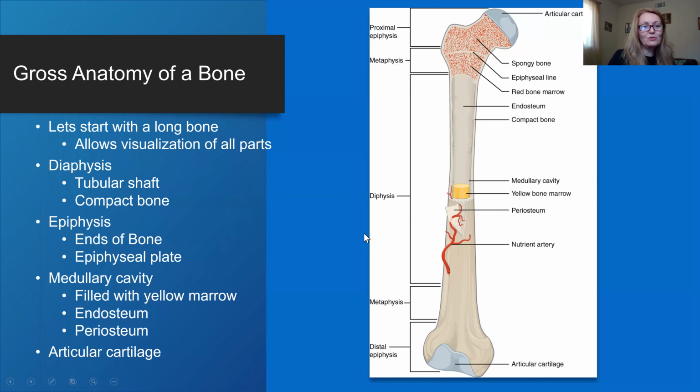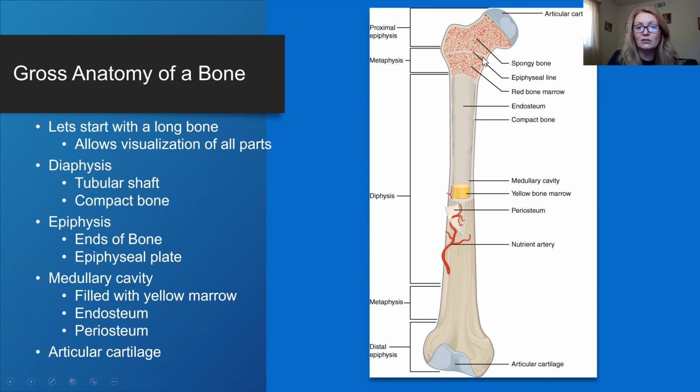Okay, so let's start with the long bone, which allows us to see all the different parts. The long bone can be divided into 3 regions: proximal epiphysis, diaphysis, and distal epiphysis. The diaphysis is a tubular shaft, and it's composed of compact bone. Epiphyses are the ends of the bone, and we also have what's called the epiphyseal plate.